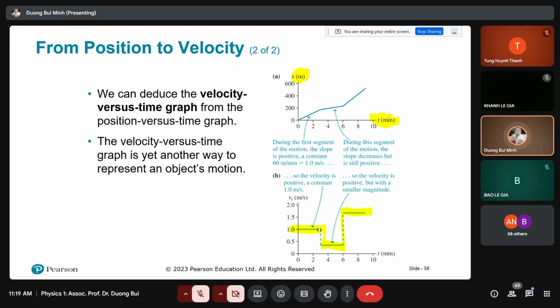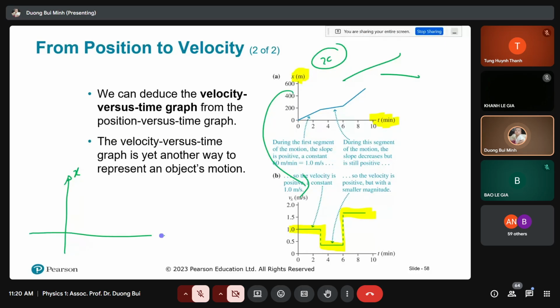I already explained this. If x is linear or constant, you can calculate Vx very easily. But sometimes x is not constant or linear like this.